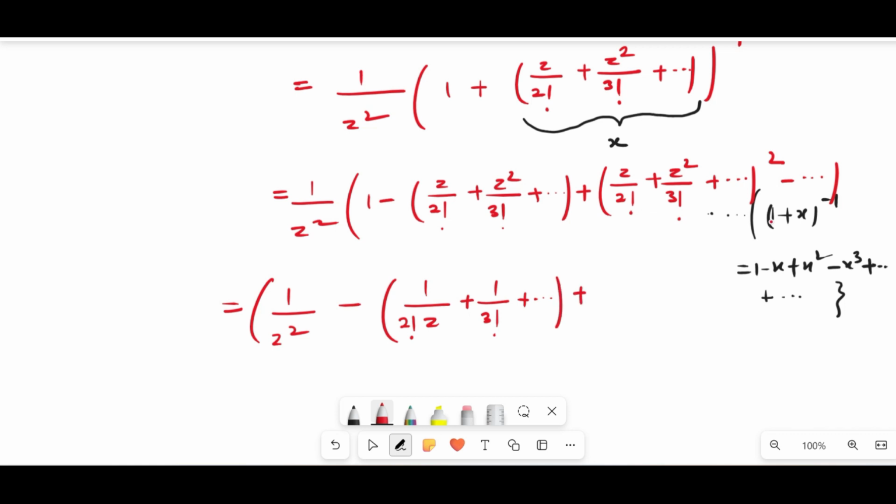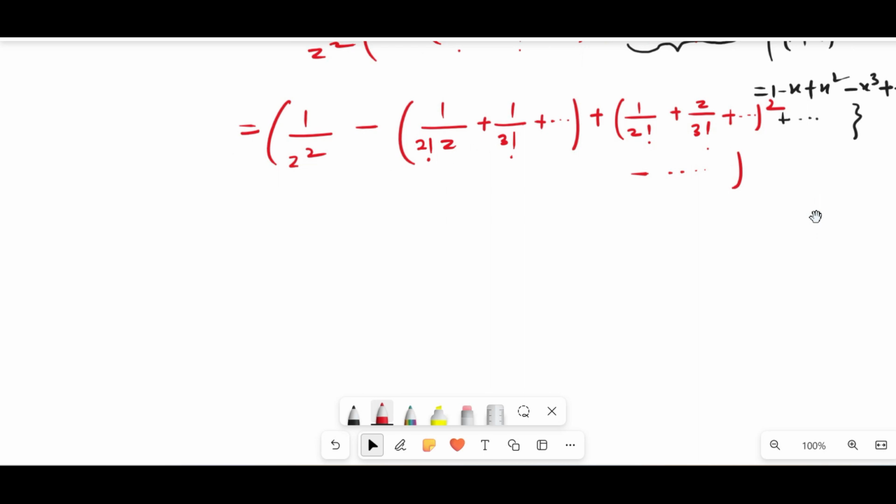And if I take z as common from this whole square, then z square will vanish and it will give 1 by 2 factorial plus z by 3 factorial plus dot dot dot, whole square, minus dot dot dot.